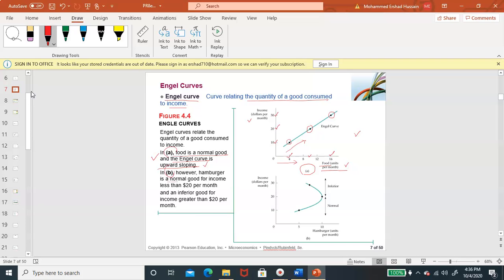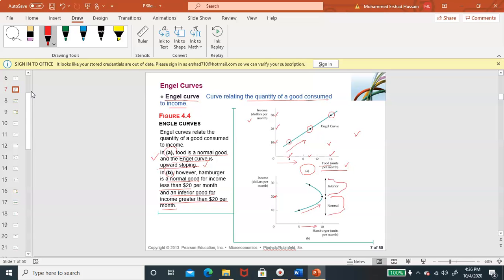However, hamburger is a normal good for income less than 20 per month, and an inferior good for income greater than 20 per month. So see, this one, income is 20. If income increases, this is an upward sloping line, so it is a normal good for that income level.